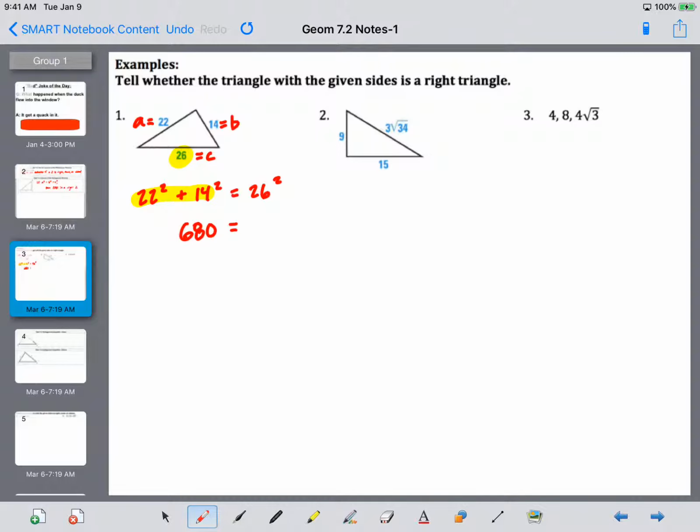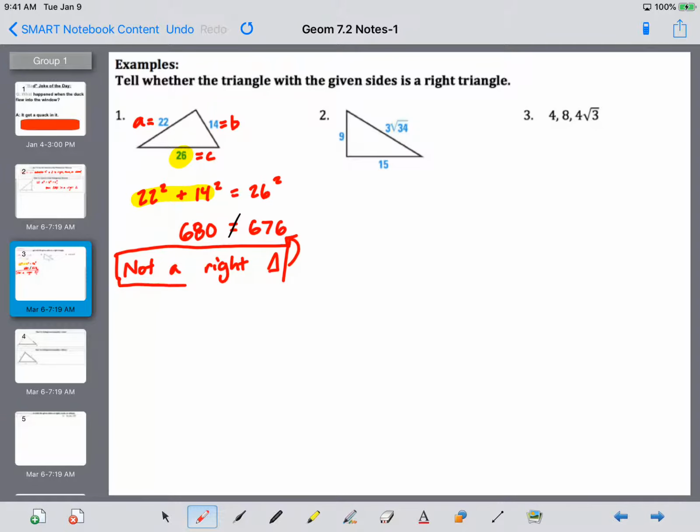Over here, 26 squared is 676. Well, we can see that those are not equal. Therefore, when we're told to tell whether the triangle with the given sides is a right triangle, we would say not a right triangle because it did not work in the Pythagorean theorem. So this is our answer right here.